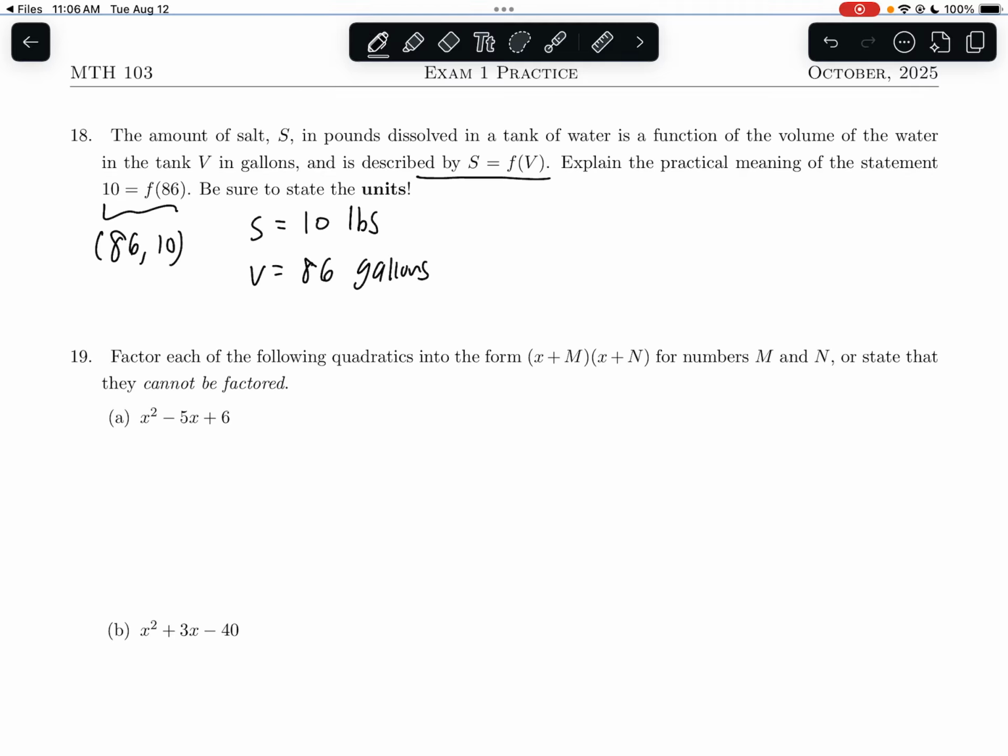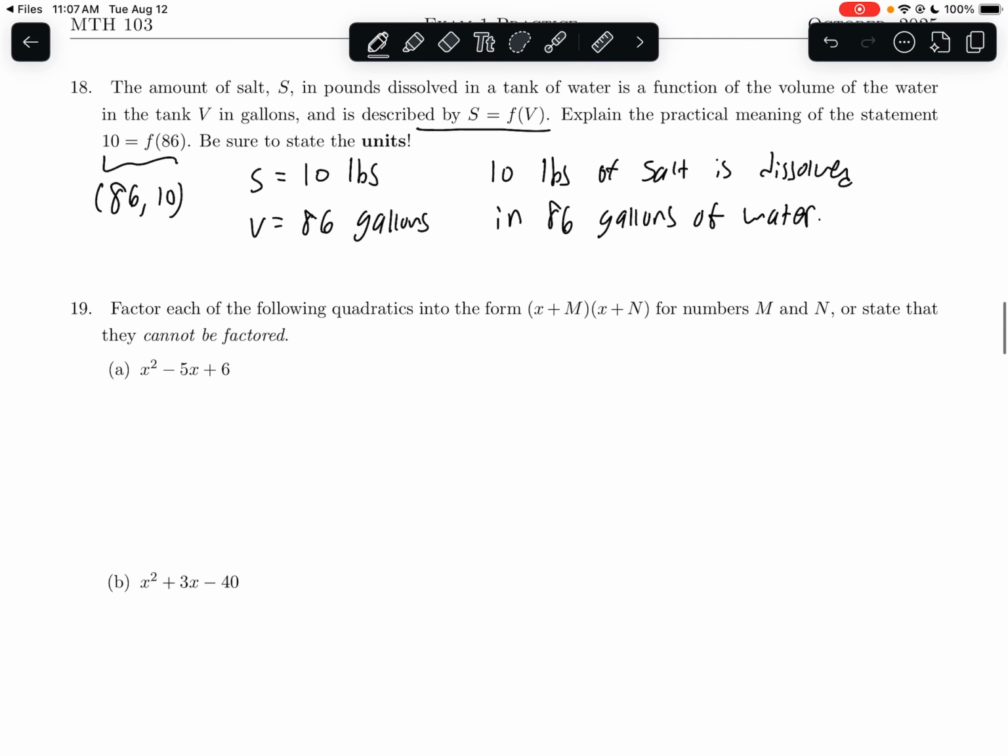And so what this means is that 10 pounds, or lbs, of salt would be dissolved in 86 gallons of water. Okay.